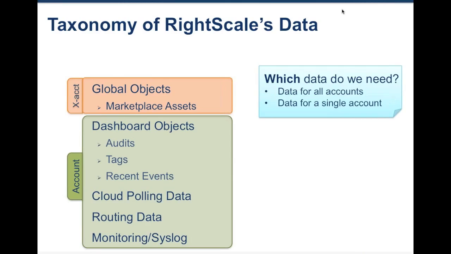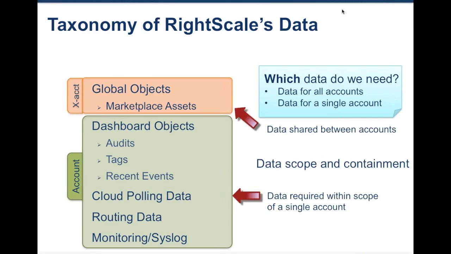However, everything else that has to do with the concept of an account, that is the dashboard objects you see when you connect, the cloud polling data that belongs to the resources of that account, or the routing data or monitoring data, is isolated and only has to be visible for one account. That's important because it says we can partition the data and treat it differently by identifying these two classes of behavior.